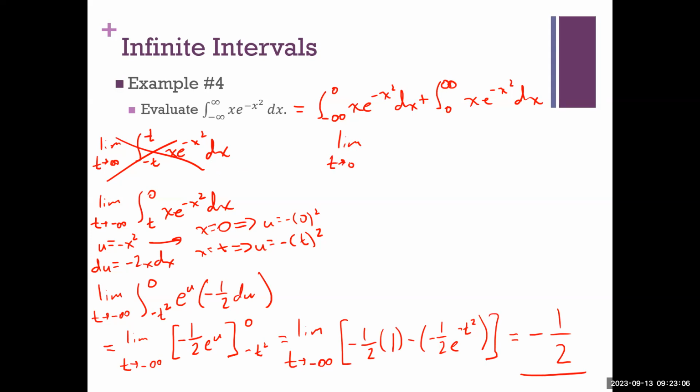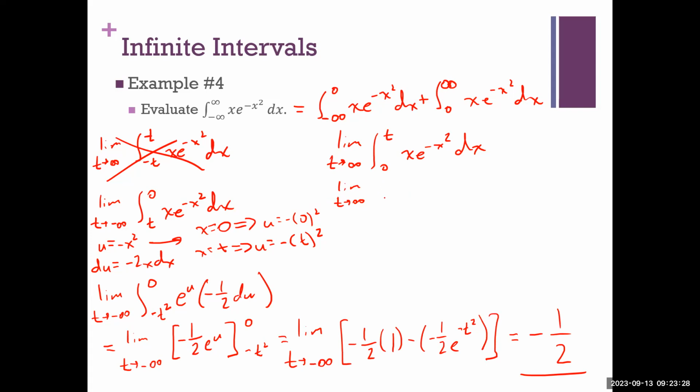So the limit as t goes to infinity of the integral from 0 to t of x e to the negative x squared dx. It's going to have the same antiderivative, but I think we need to change the bounds.